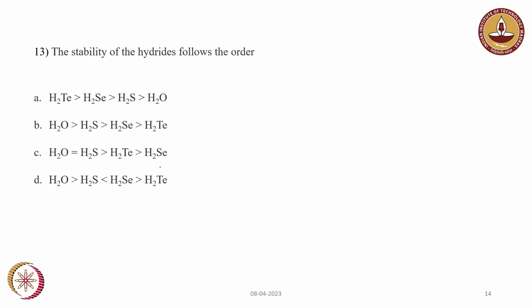So in group 16 hydrides, when we move down the group, the stability of hydrides decreases. The order of elements is oxygen, sulfur, selenium, and tellurium, so the hydride stability will be decreasing down the group.